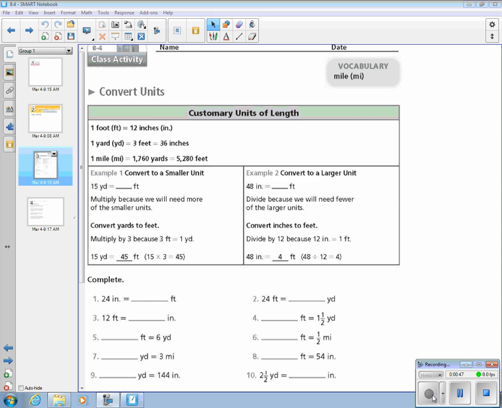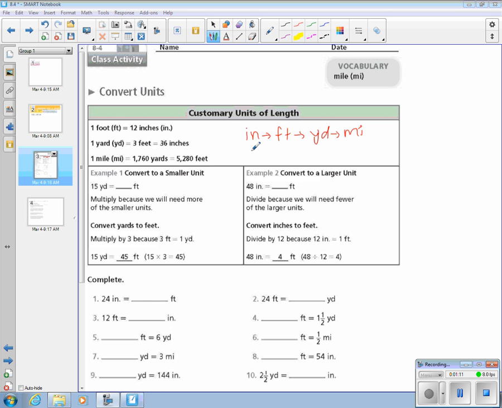We will convert them similar but not the same. Inches is abbreviated with IN, feet is with FT, yard is with YD, and a mile is with MI. So keep that in mind when you're working out these problems.